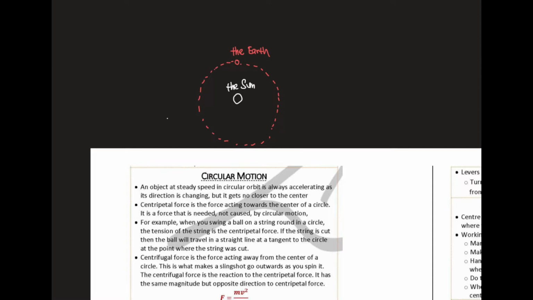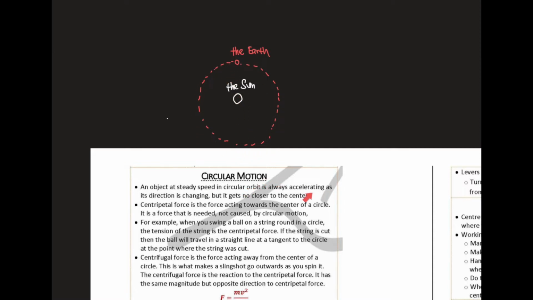We also know that the earth moves at the same speed, where it takes 365 days to move one round. You should expect the next year also takes 365 days to move one round, so it moves at a steady speed. An object at steady speed moves at the same speed in circular orbit. So this is the circular orbit.